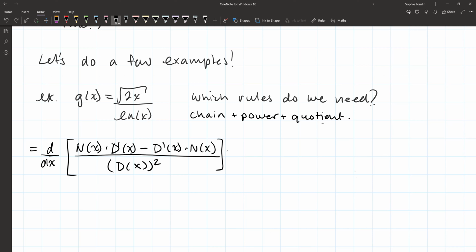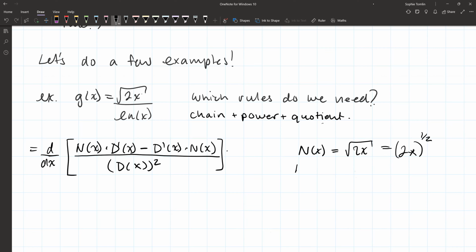In this function, our numerator is the square root of 2x, which we can also write as 2x to 1/2. This is where the power rule comes into it.